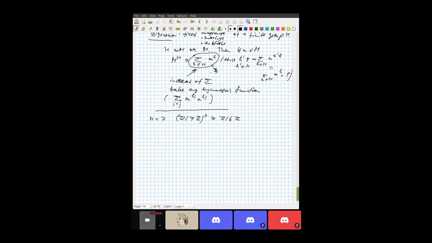Okay. And here we can take a subgroup that's isomorphic to Z mod 3.